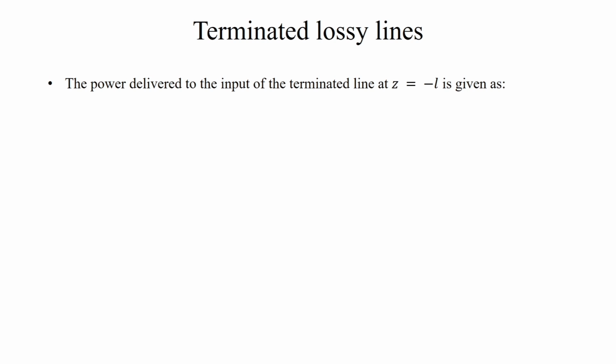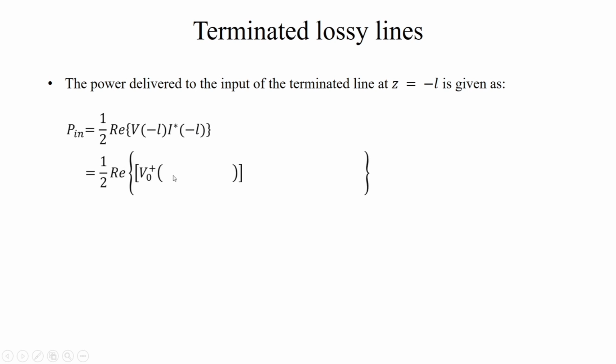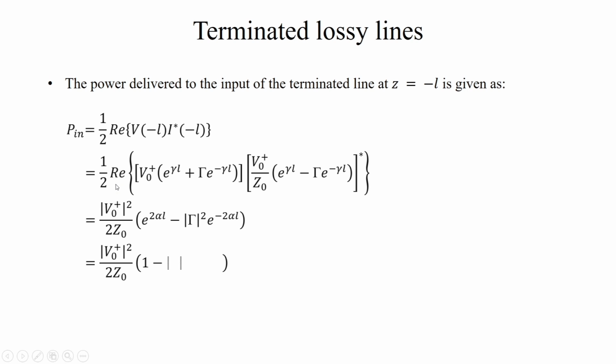The power that is delivered to the input of the terminated line at the position z is equal to minus L can be written as P in equal to half real part of V at z is equal to minus L into complex conjugate of the current at z is equal to minus L. When we substitute once again the expression for the voltage and the current, we can get and only retain the real part.